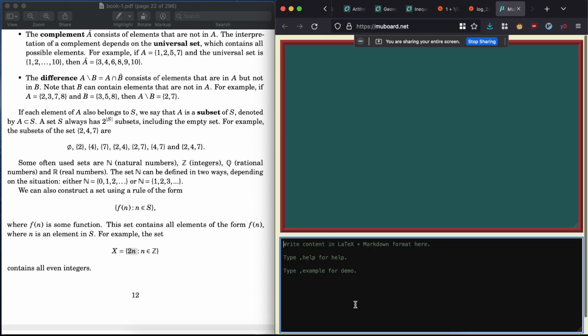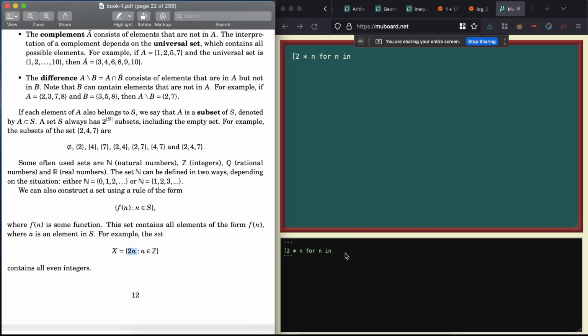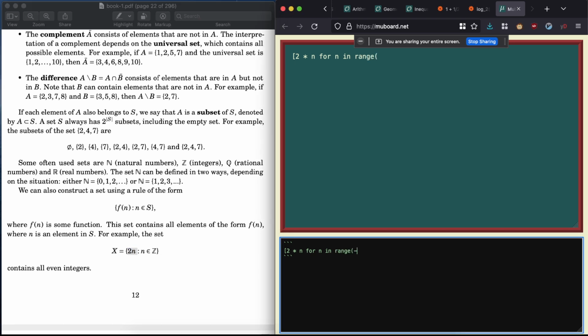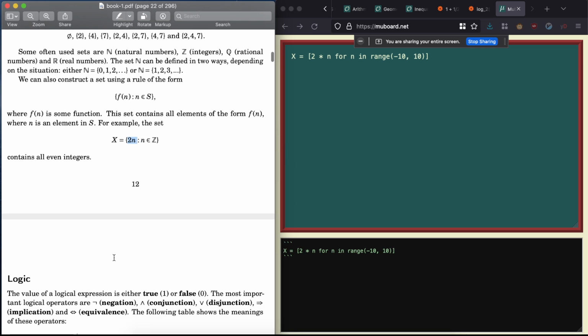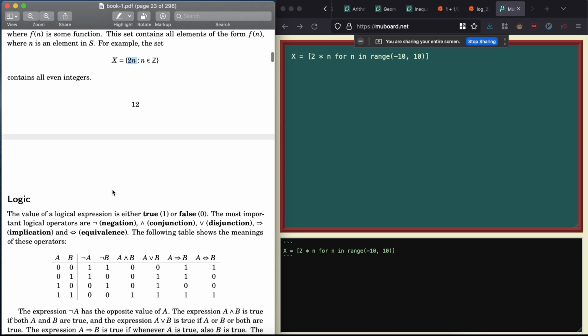It would be like this in Python: 2 times n for n in, okay, we cannot have an infinite set in Python, but maybe something like this, and I can only have a finite set to choose from. You can see it's very similar to what we see in Python. So I think the Python list comprehension syntax is inspired by the set builder notation.